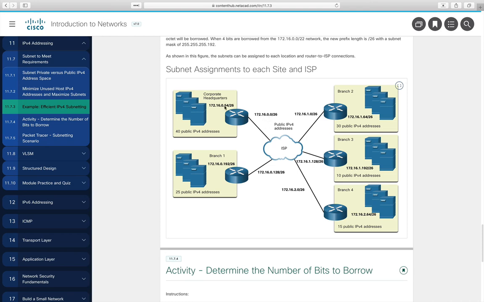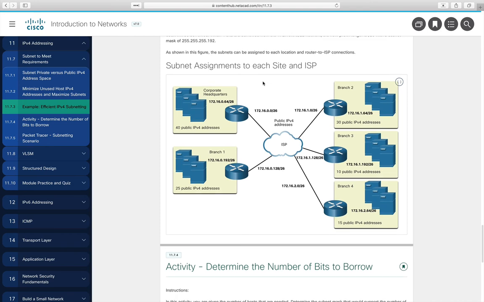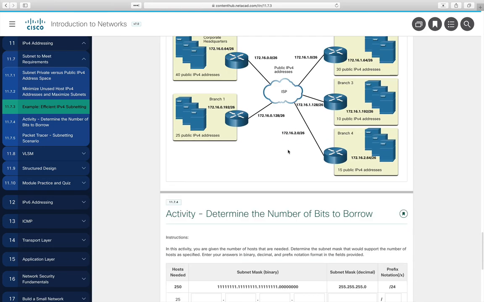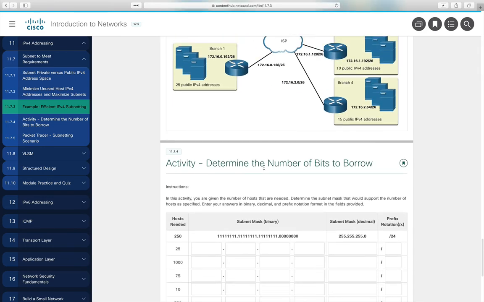Here they've given the 064. Here they've given the 0128. So if you can go through, you can see that they've taken consecutive IP addresses and assigned them to either the different locations or the different point-to-point from a location router to an ISP connection. So apologize for that mistake they made.